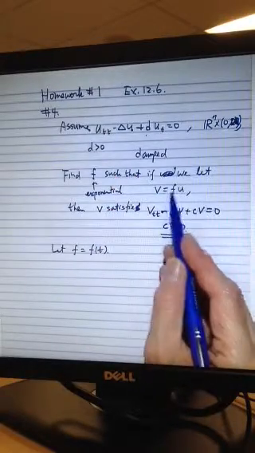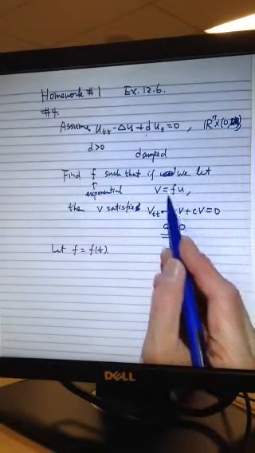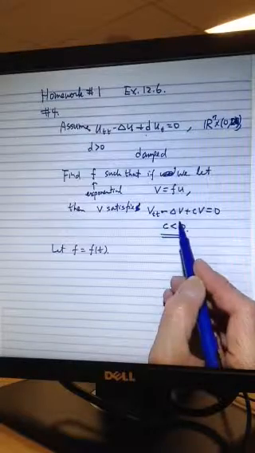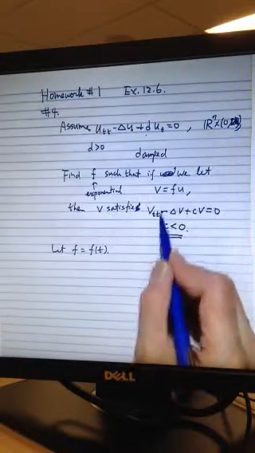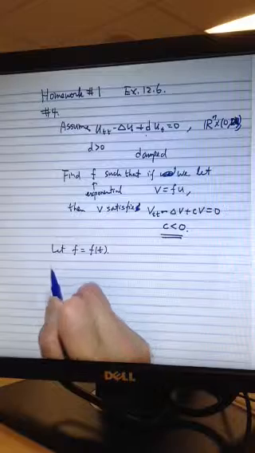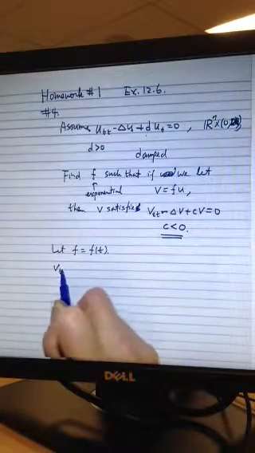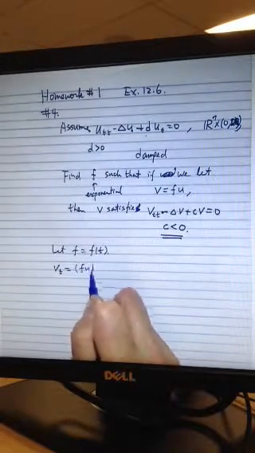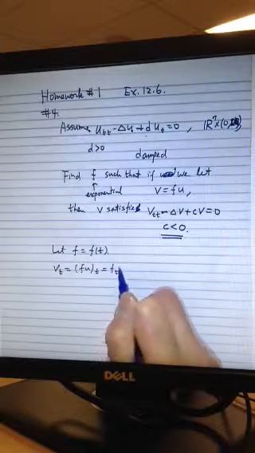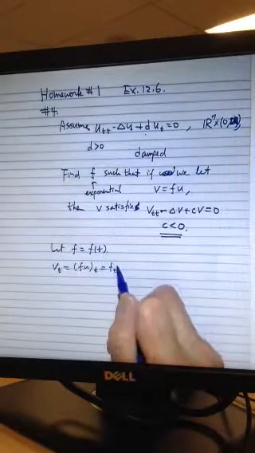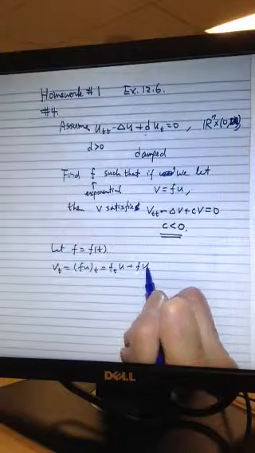So if this has to satisfy this, I just substitute into this one. Actually the first two terms. So v_t is f u_t plus f prime u.